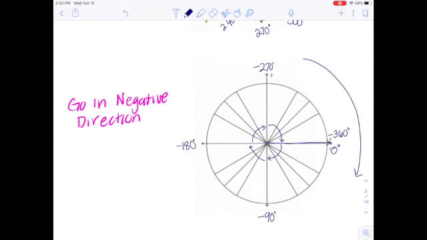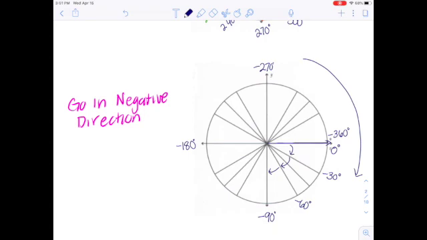And then we can kind of fill in all the other angles also. So let's start off with our 30s, like we did before. Going in a negative 30 degrees first, that would be that angle. Add another 30, you'd be at negative 60 degrees.